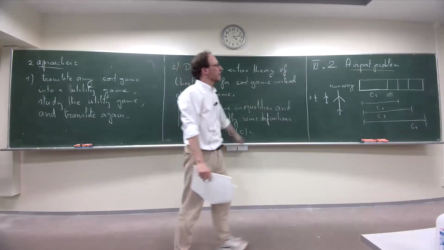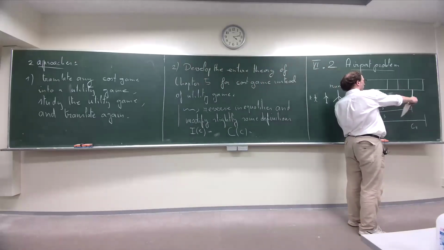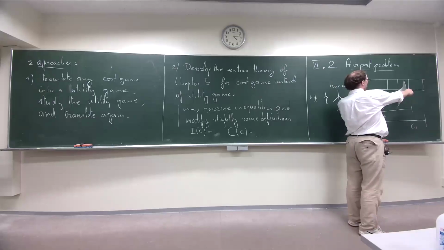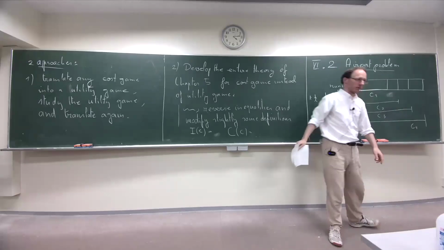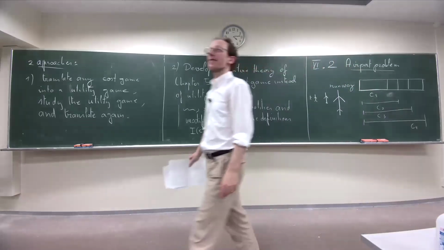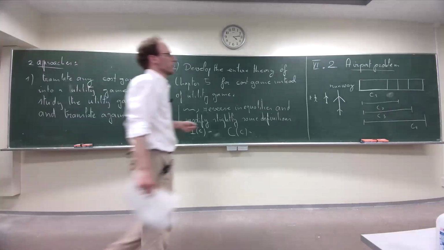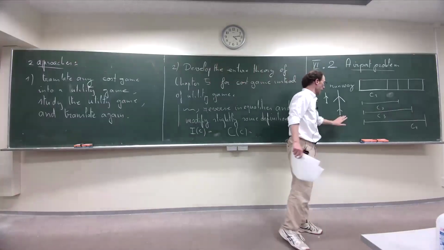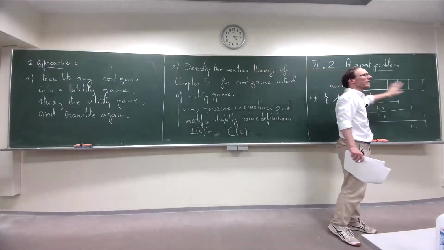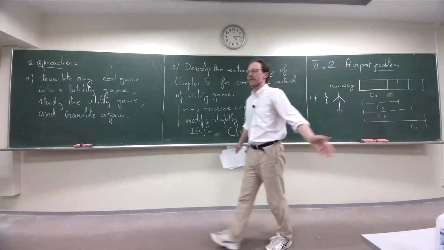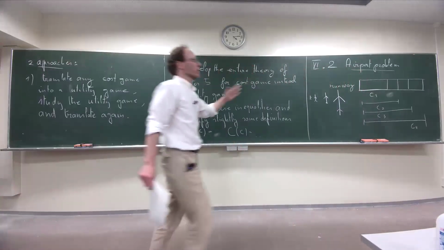So C1 represents the cost for building this. C2 is for building this part, C3 for building this, and C4 is the cost for this. And the question is, how do you assign a price for each airplane for landing and taking off? This is a very practical problem. And which runway do you construct?